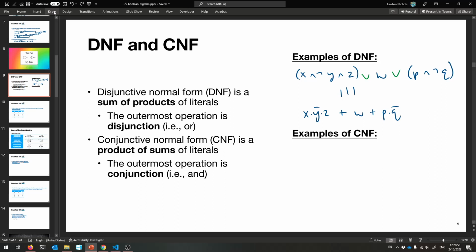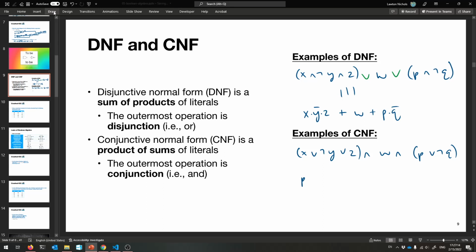So let's say I have x ORed with not y, ORed with z, and w, and I have p ORed with not q. That is going to be CNF if I then AND them on the outside together with each other. That's the key. Let's do another one.